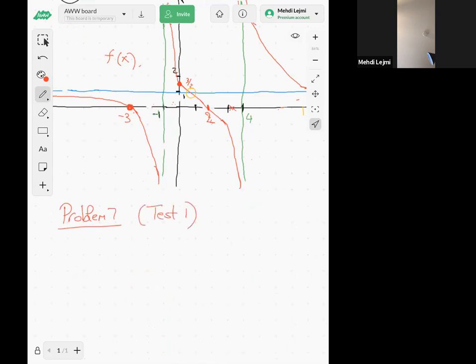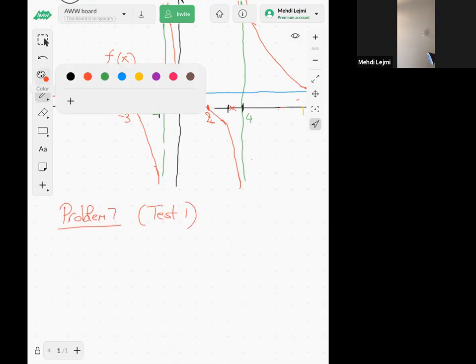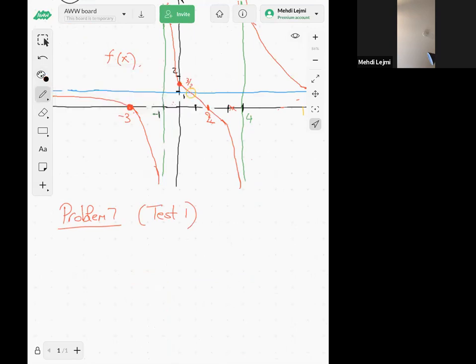Okay, so just to remind you guys how we find the inverse of a function f. The question is to find the inverse of f of x equals x plus 3 over 1 minus 2x, right?